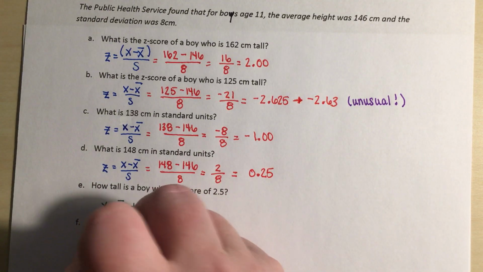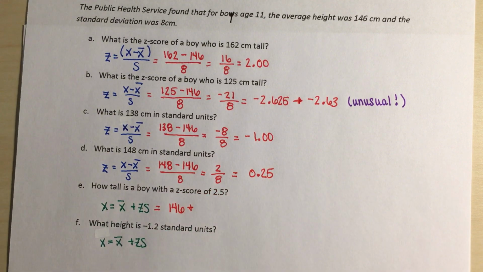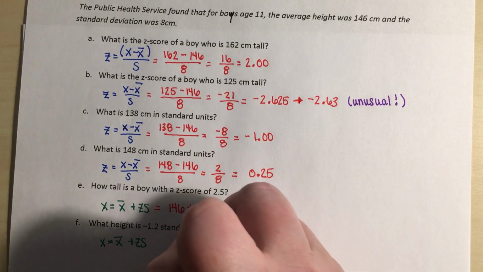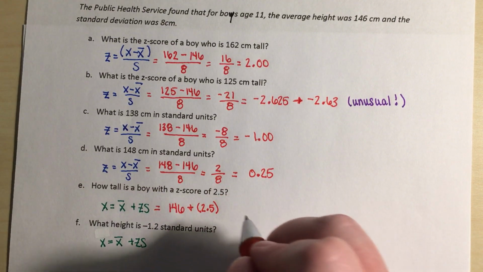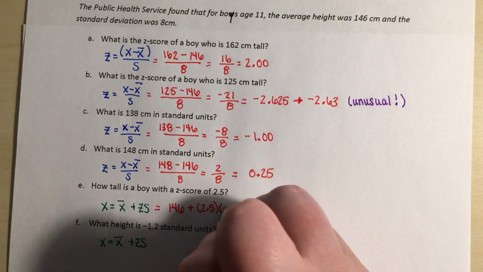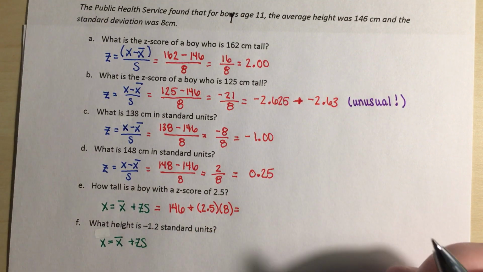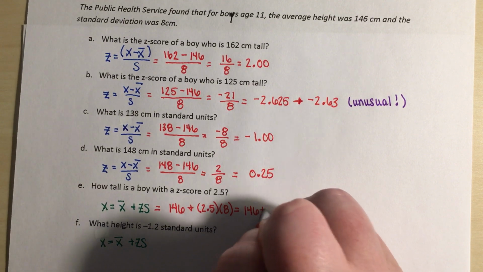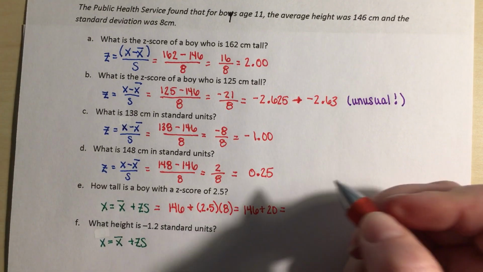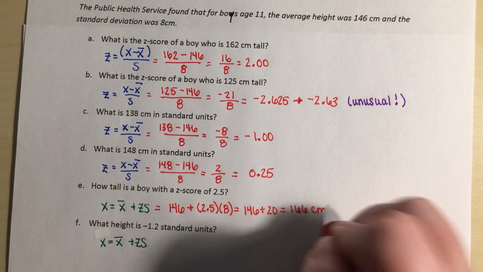Well, we're going to take x bar, which is our mean, so 146, plus z, that's our 2.5, times our standard deviation, which is 8. Again, we can plug this into the calculator all at once, or we can work it out in 2 steps. If we do it in 2 steps, we get 146 plus 20, which gives us 166 centimeters.